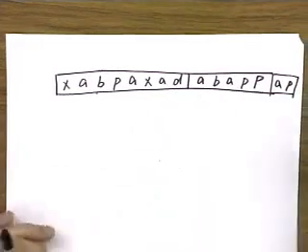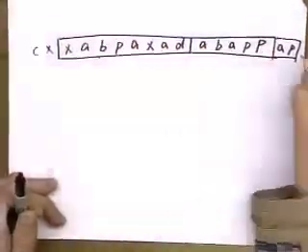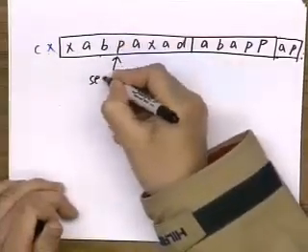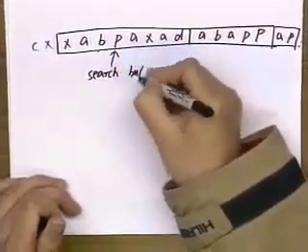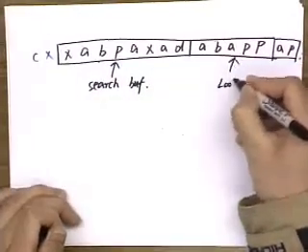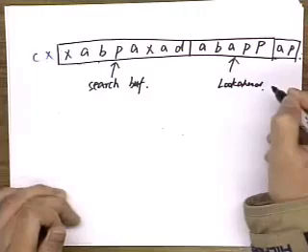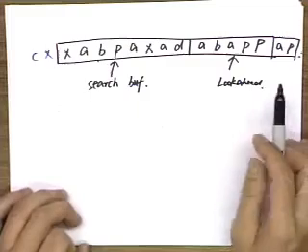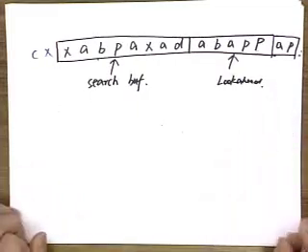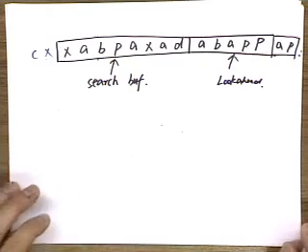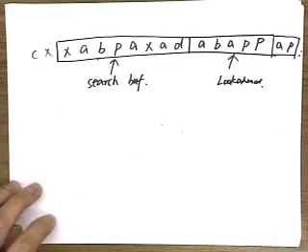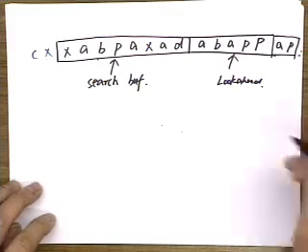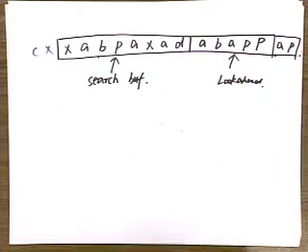There are also symbols outside, and this we refer to as the search buffer, and this we refer to as the look ahead buffer. We know that there are 8 symbols in the search buffer and 7 symbols in the look ahead buffer. But generally, the buffer size is much larger than this in order to capture the recurring patterns, but this is just for explanation. And we also have a pointer which we call the match pointer.